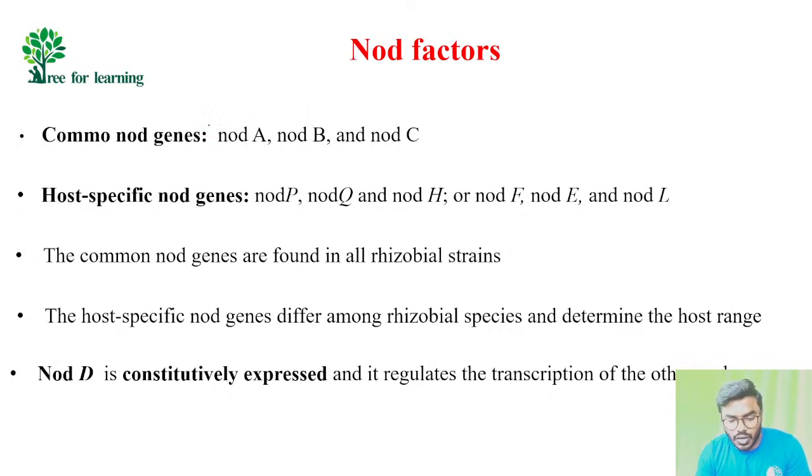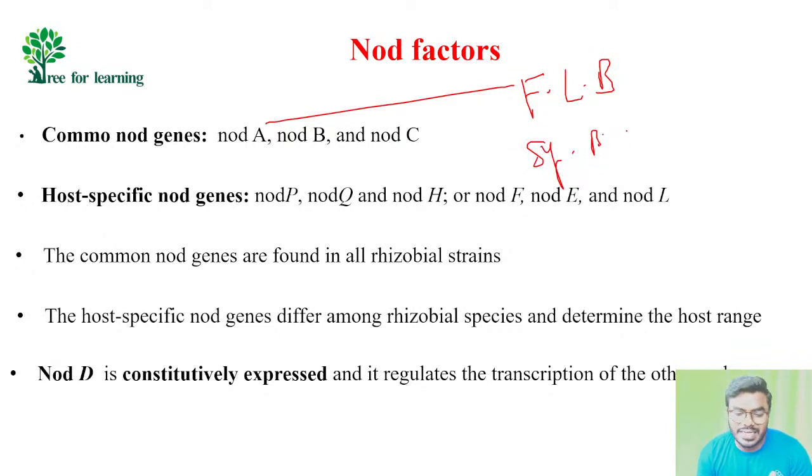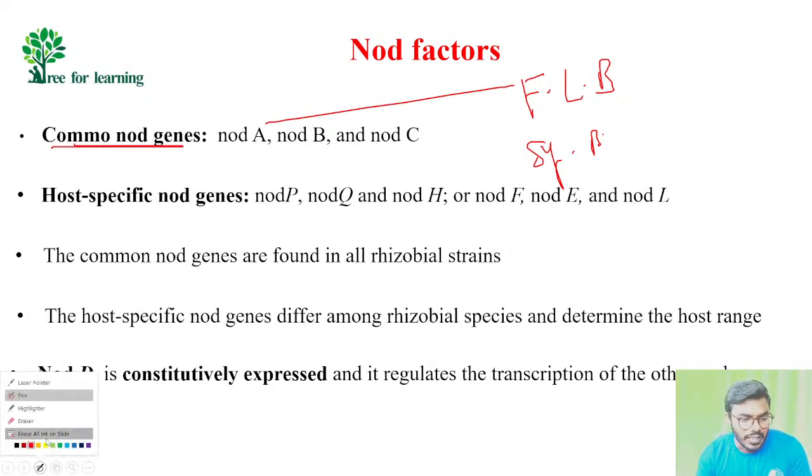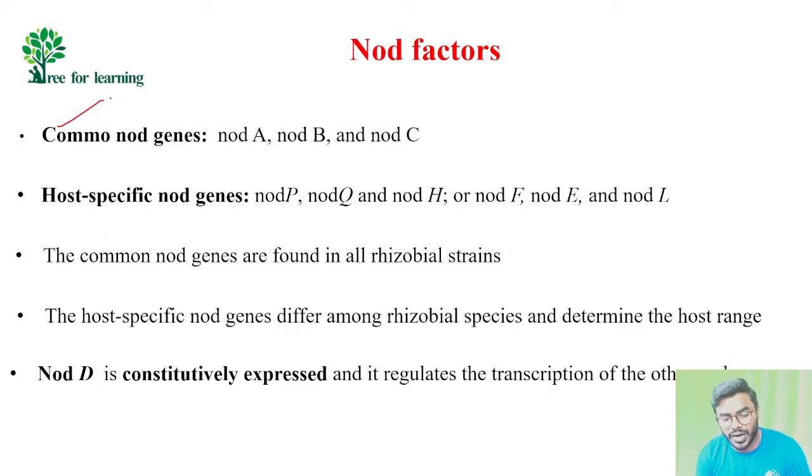Common nod genes are the type of genes which are present in every single bacteria. Which means it doesn't matter whether it is a free living bacteria, doesn't matter. Whether it is a symbiotic bacteria, doesn't matter. In every single bacteria, friends, there is a presence of common nod genes. That is the statement I want you to understand.